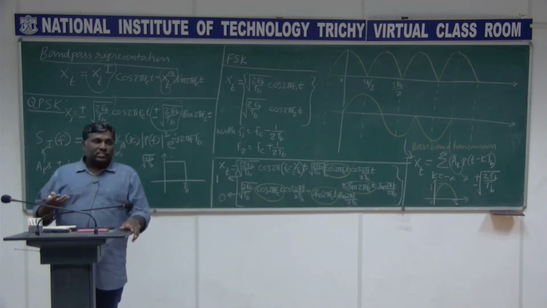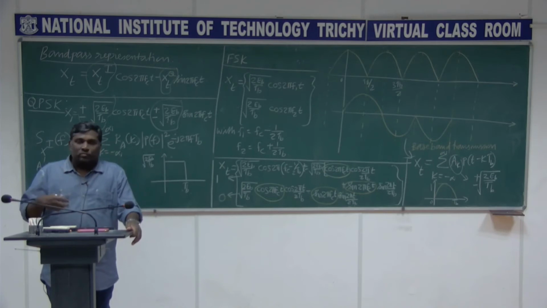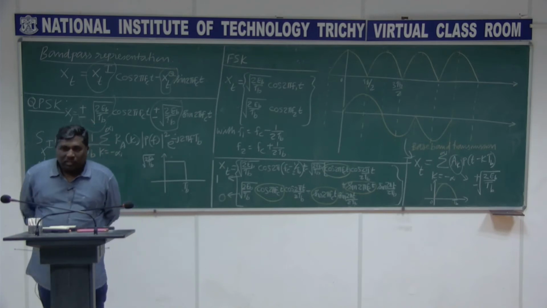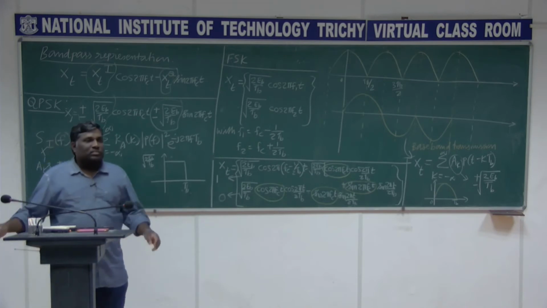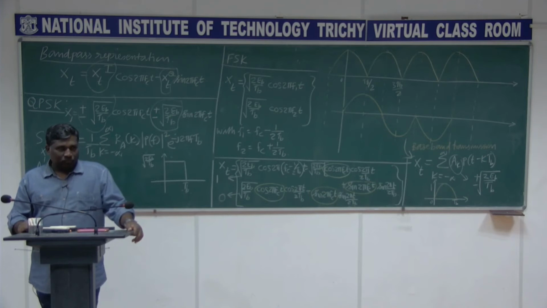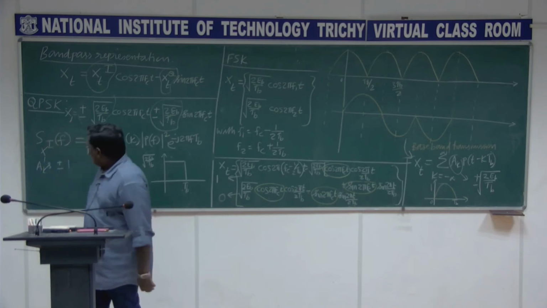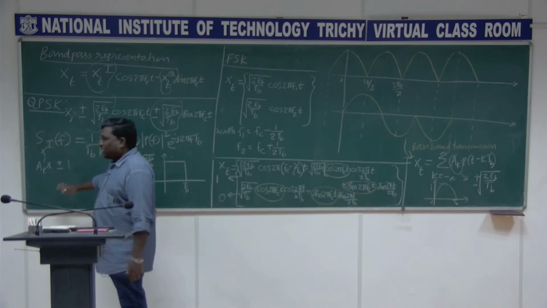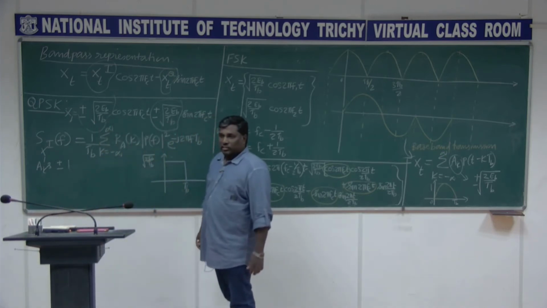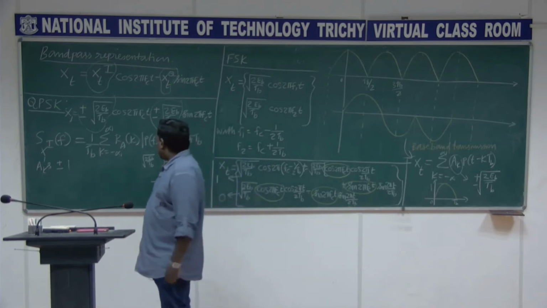A_k takes either plus or minus 1 depending upon whether the bit is 1 or 0. If it is 1, it is plus 1, if it is 0, it is minus 1. Are you getting this? This is your A_k, and the pulse used is the rectangular pulse.